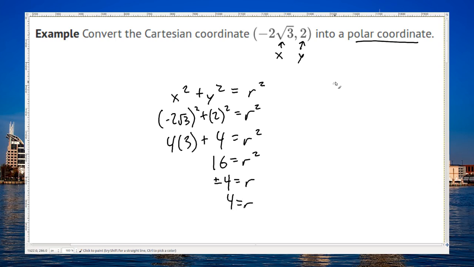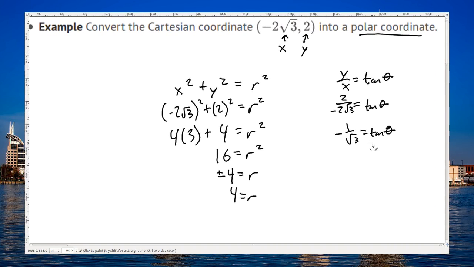All right, now what about the angle here? Well, we know that y divided by x should equal tangent of theta. So that's 2 over negative 2 root 3 is tangent of theta. So that's negative 1 over root 3 is tangent of theta. To help me split this up, because I'm used to using the unit circle, I might rewrite this as sine of theta over cosine of theta.